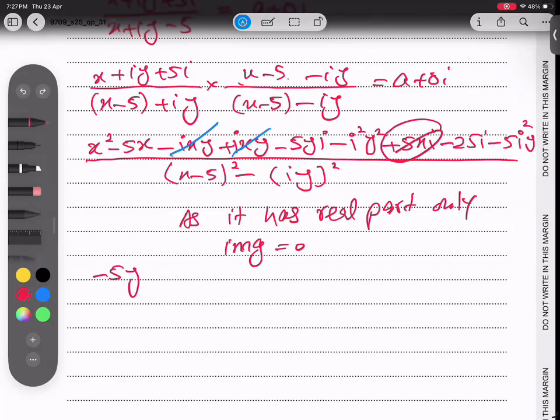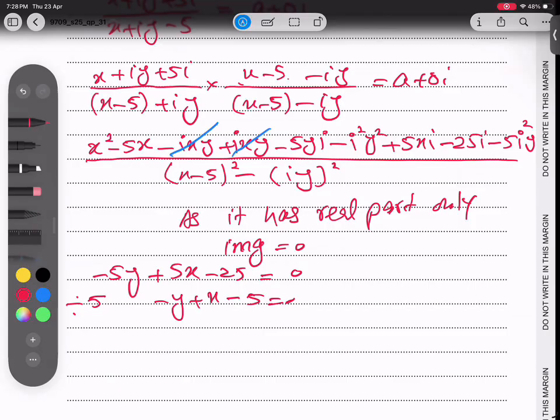So I'm taking from here plus 5x, and then iota is also there, so negative 25. The real part I'm not taking, and equals 0. Now divide the whole equation by 5, and I got negative y plus x minus 25 equals 0. Okay, sorry, these are 5.